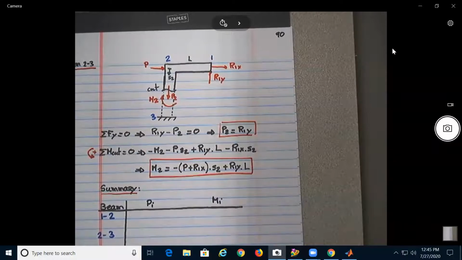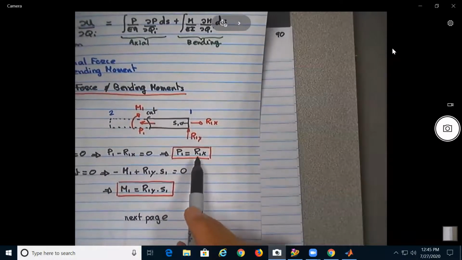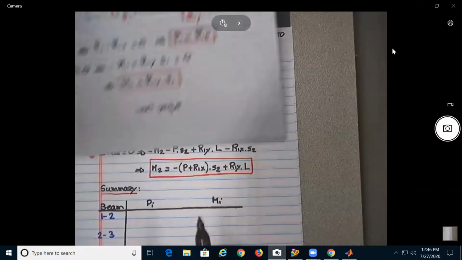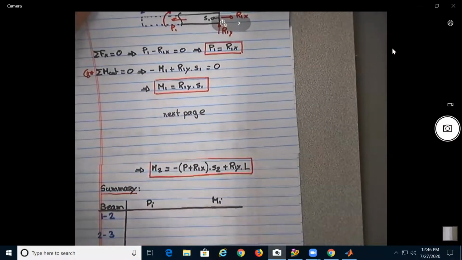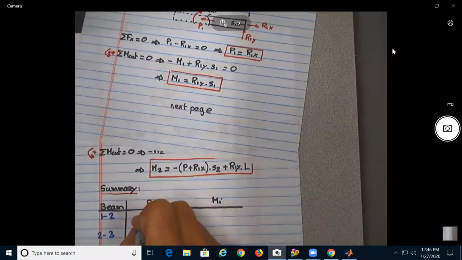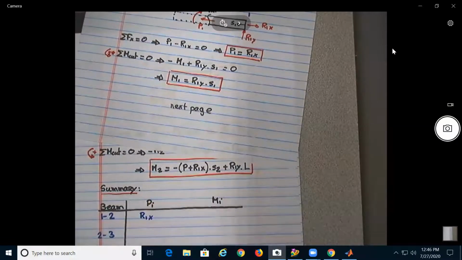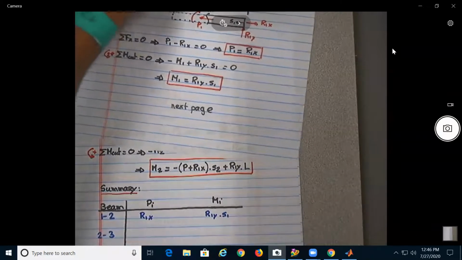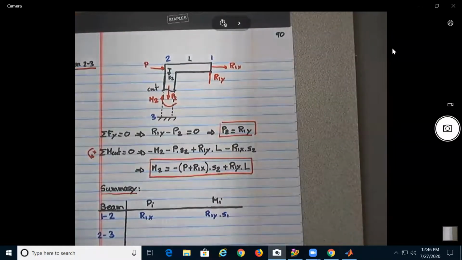So for the beam 1, 2, where is that page? So what was the value of the axial force? It is R1X, and the moment is R1Y times S1. Okay? From this page. And now for the second one, we have it on the same page.